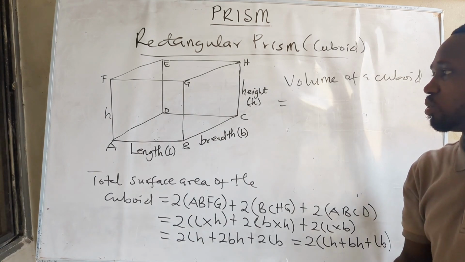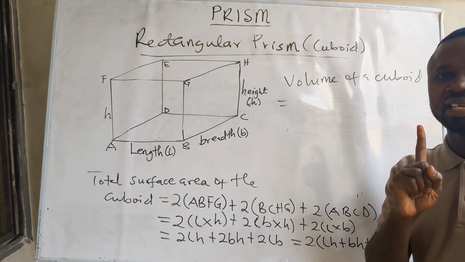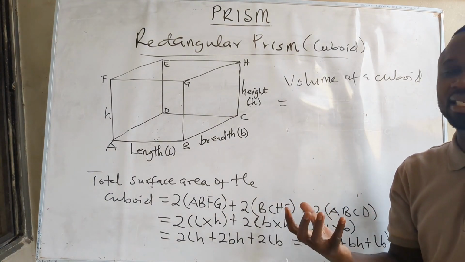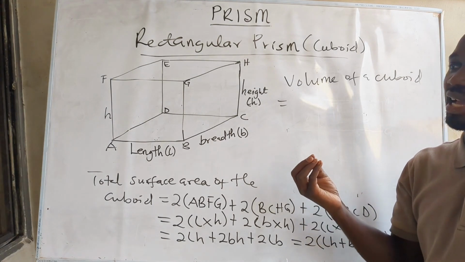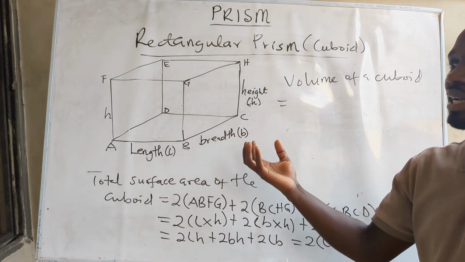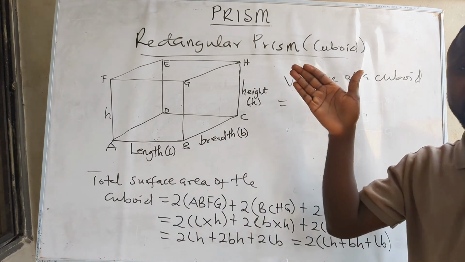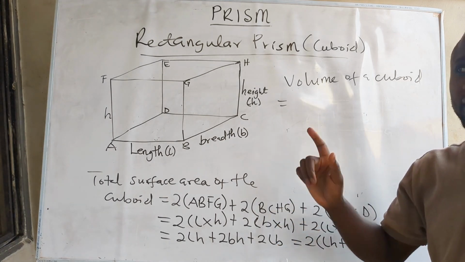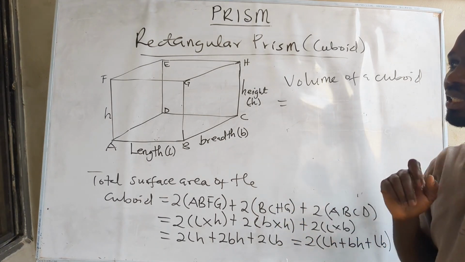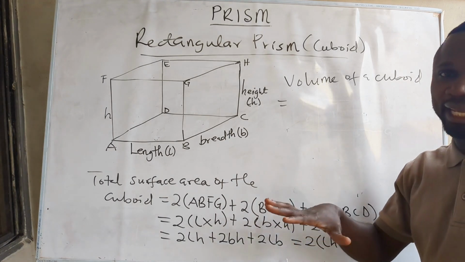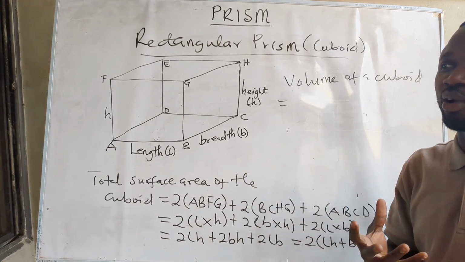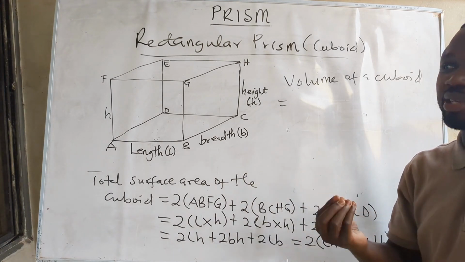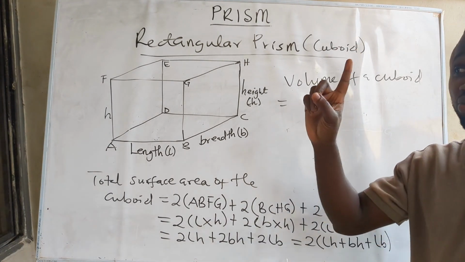All right, so that is the volume. And what will determine the size or the space within a container is actually the base and then the height. Take note, the base and the height. So you realize that if the base is wide, it is likely to contain more. But that is not enough to determine the volume. We have to look at the height too.